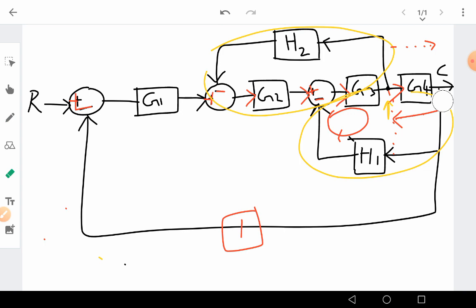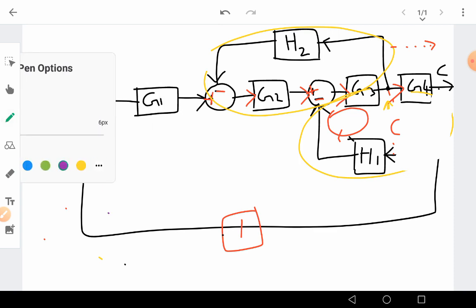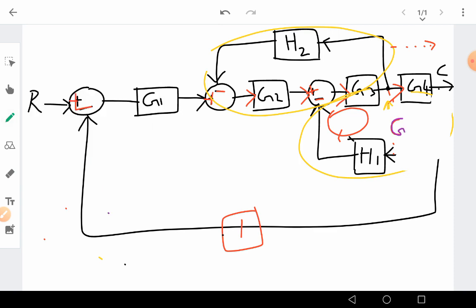This G4, I have to give an extra G4 gain here.